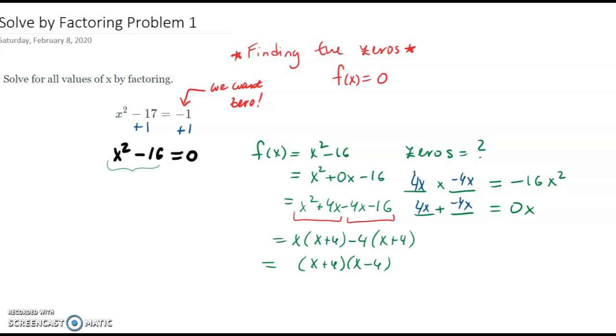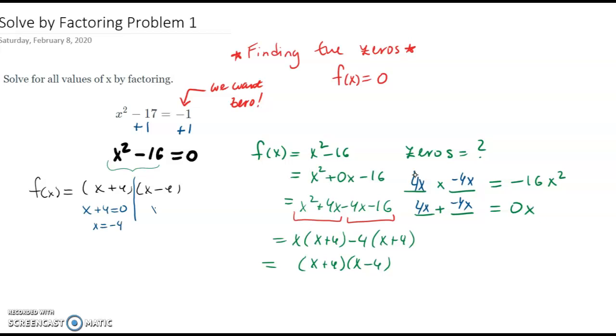So this is extremely helpful because I'm now really looking for zeros of the function x plus 4 times x minus 4, right? Every factor, when I separate them, reveals a 0 to me. The first 0 is going to come from this factor being equal to 0, and that happens when x is -4.